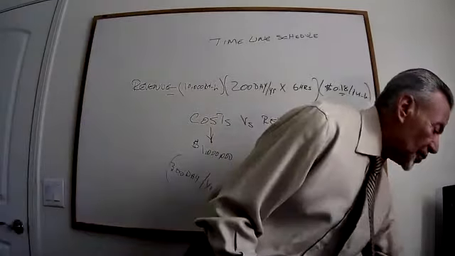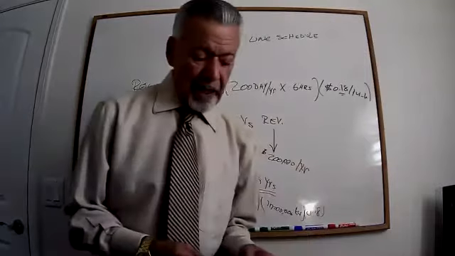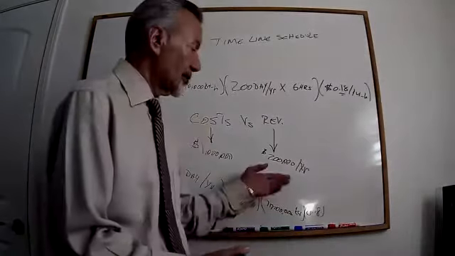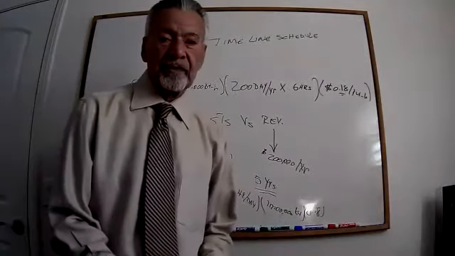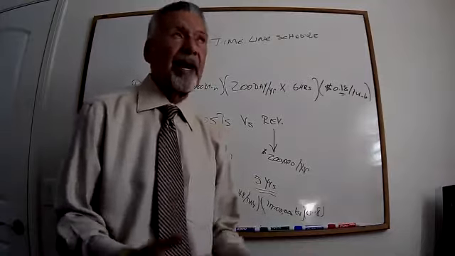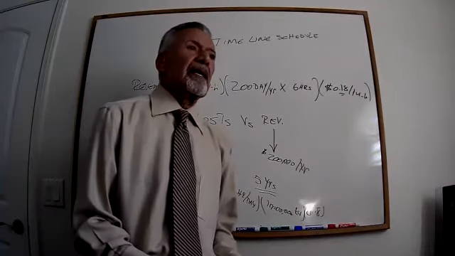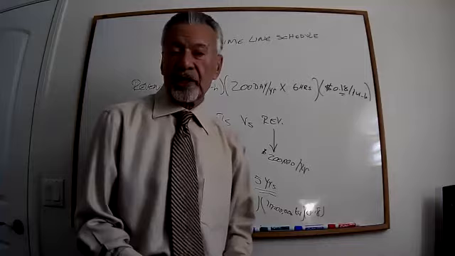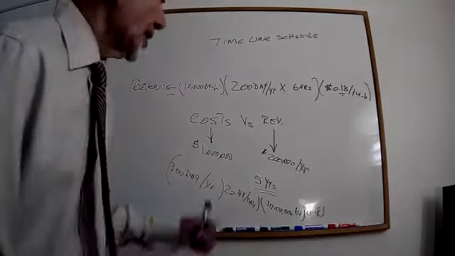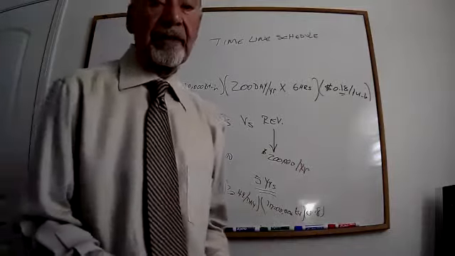Now, what happens if you do this and your cost would be $1 million and your revenue is only $50,000? That's a disaster, right? So you have two choices. One choice is you can basically go back and increase the size of your project.